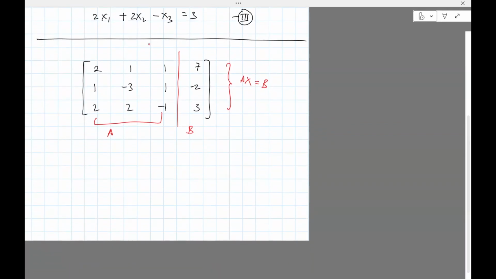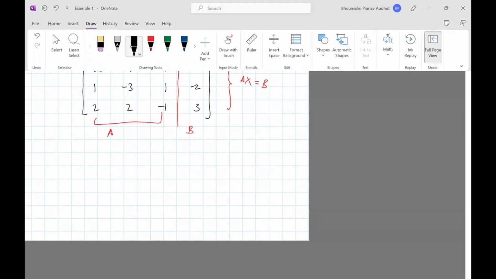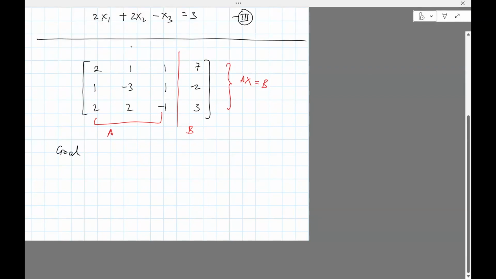So what we'll do is we'll try to reduce this equation to this format. Okay. So you see that these will be the pivot elements. Everything below this is 0. This is a 0, 0, 0.